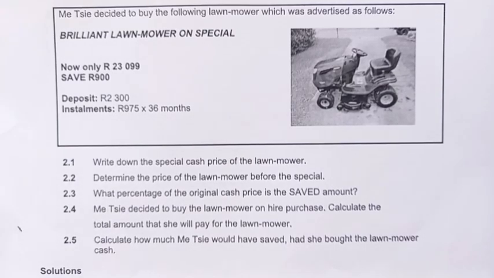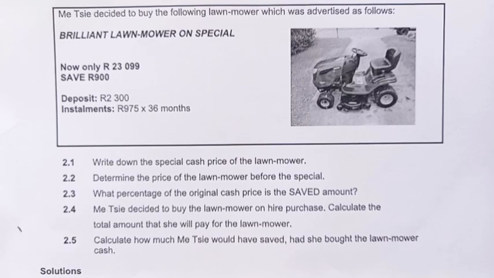All right, so Metsi decided to buy the following lawnmower, which was advertised as follows: a brilliant lawnmower on special. Now only 23,099 rand. Save 900 rand. First of all, that's a cash price and it's already on discount.